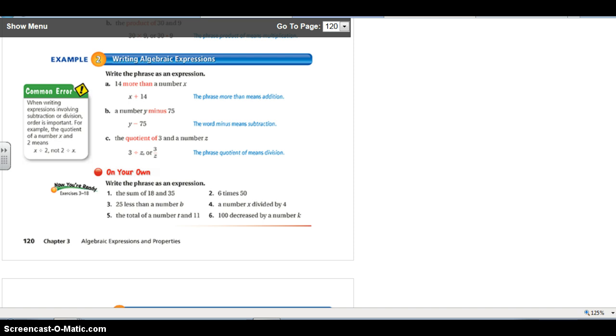Number 3, B minus 25, and it must be in that order. 4, x divided by 4. 5, t plus 11 or 11 plus t. And number 6, 100 minus k. And that must be the order it's placed in.